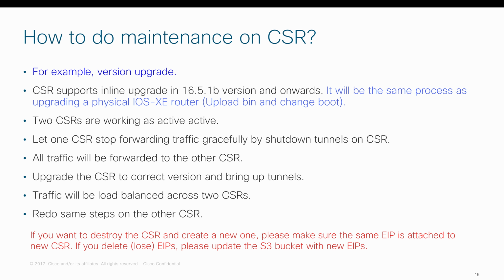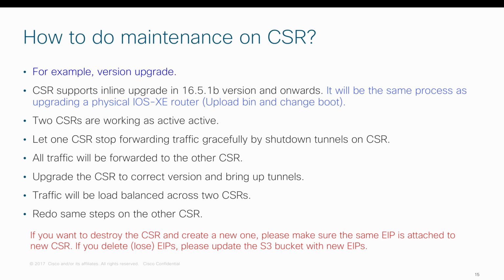Next one is how do I do maintenance on the CSR, for example, a version upgrade. We support inline upgrade from the 16.5.1b version onwards. It will be the same process as upgrading a physical IOS XE router. You just upload the bin file to the CSR, you change the boot to point to that bin file, you reload the router, and the CSR comes up with the newer version.